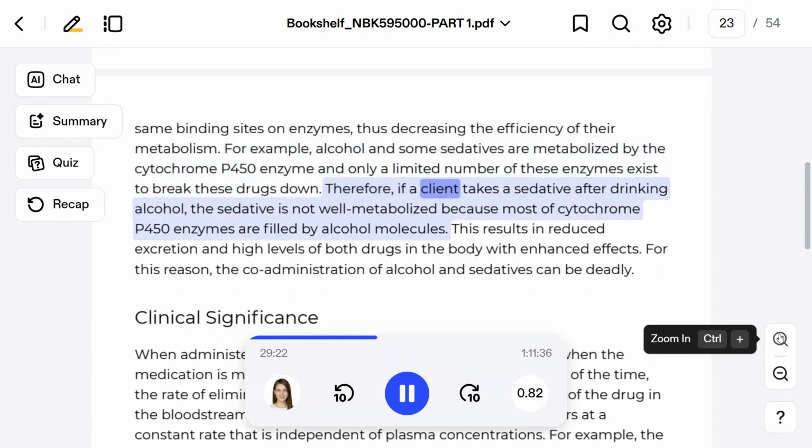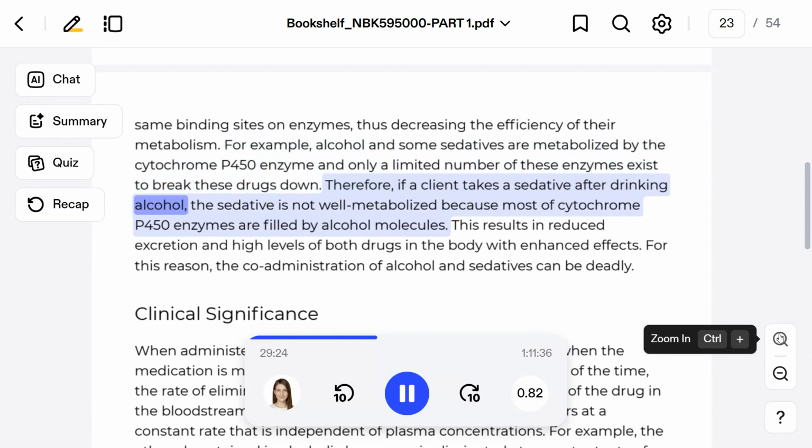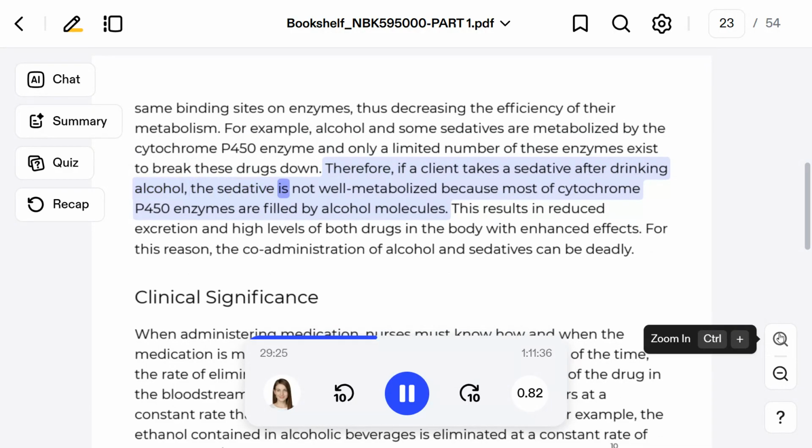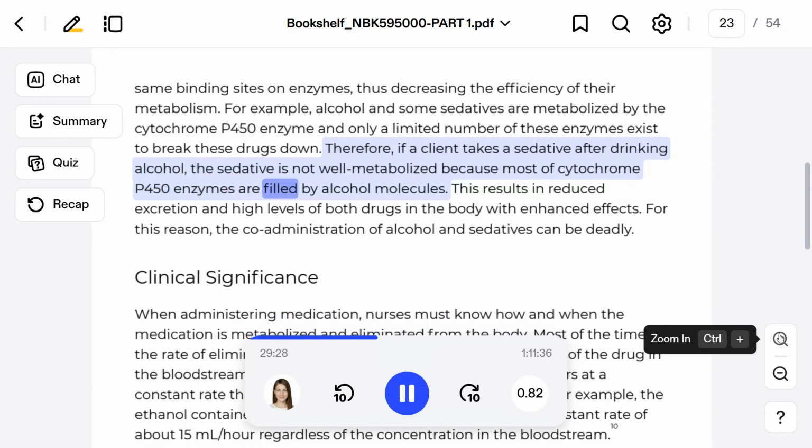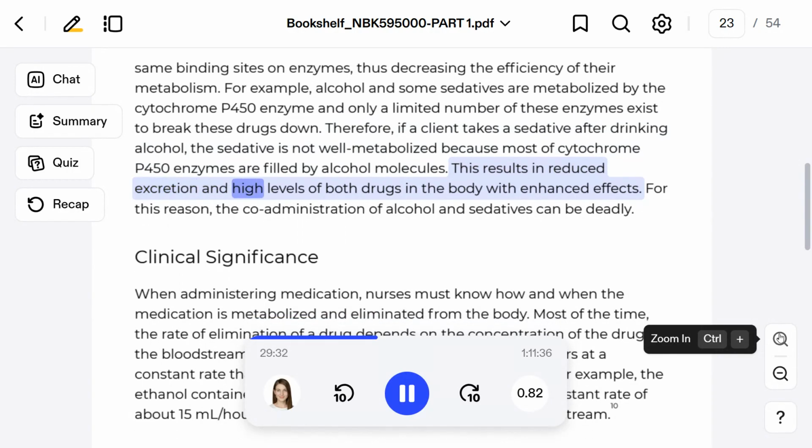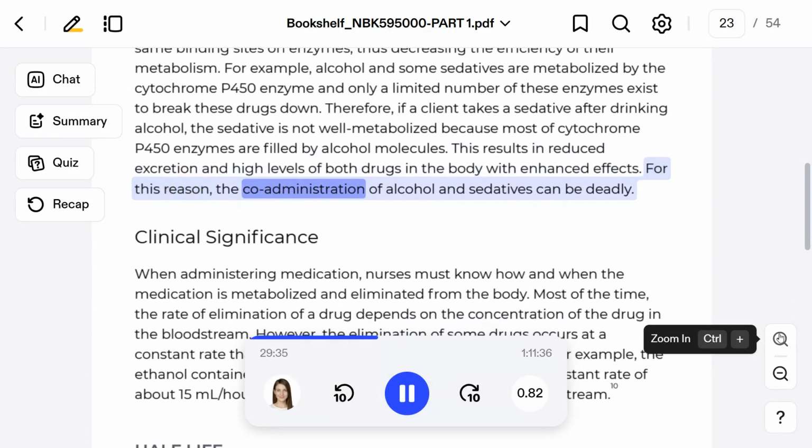Therefore, if a client takes a sedative after drinking alcohol, the sedative is not well metabolized because most of the cytochrome P450 enzymes are filled by alcohol molecules. This results in reduced excretion and high levels of both drugs in the body with enhanced effects. For this reason, the co-administration of alcohol and sedatives can be deadly.